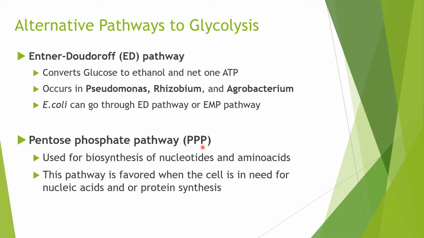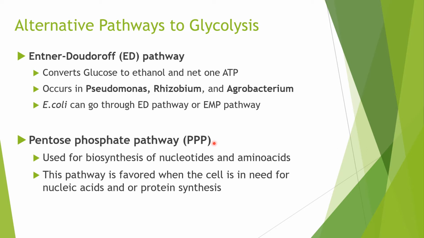Now, there is another pathway other than the ED, and it's called the triple P pathway. Again, that's just another alternative to glycolysis. The triple P pathway is usually used for the biosynthesis of nucleotides and amino acids. So why would some bacteria choose to go through this pathway instead?